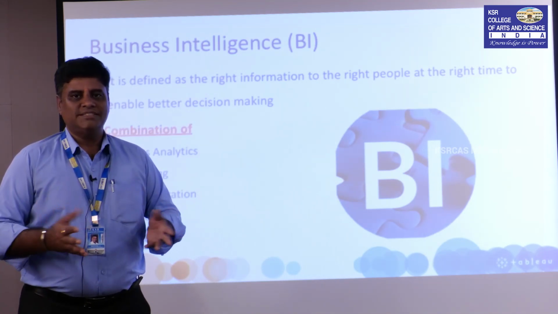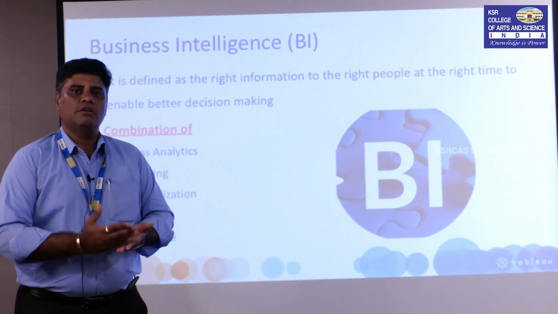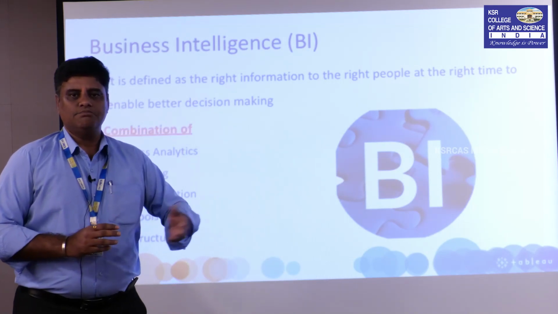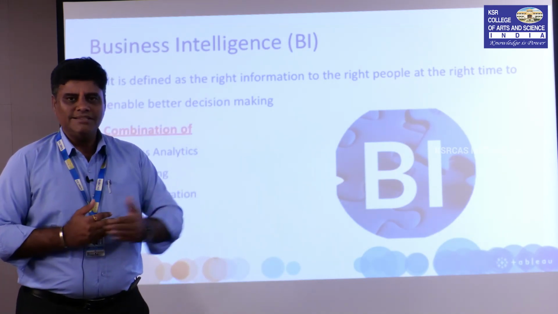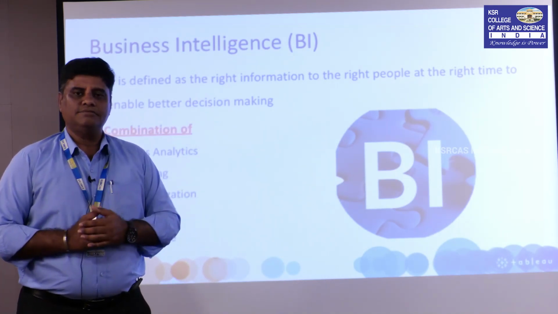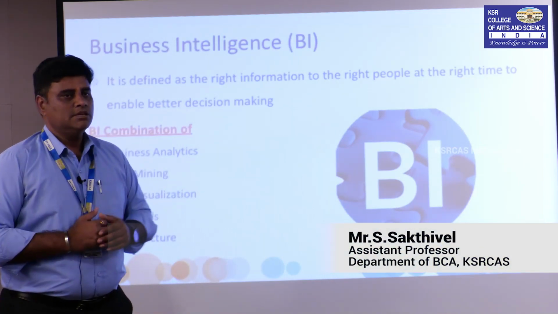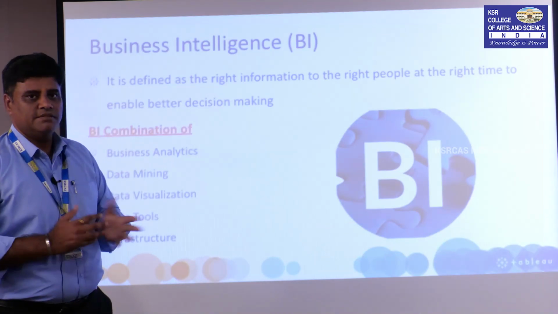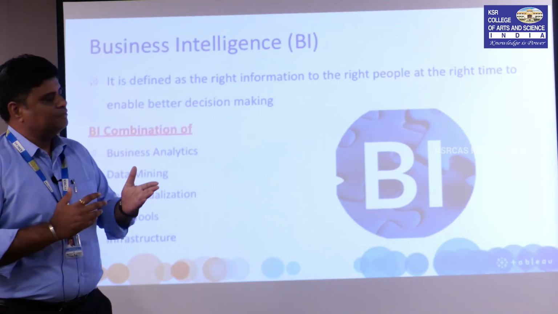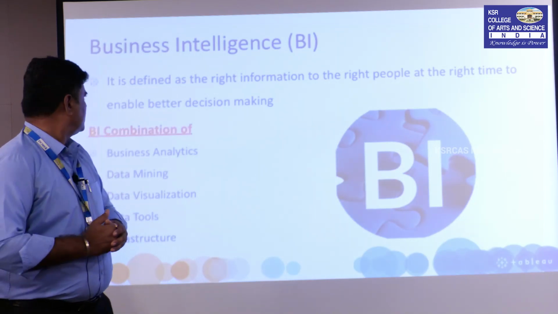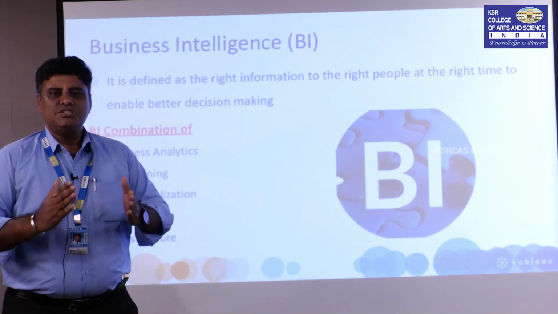So how to decide when people are going to buy, and where? What is the interest of the people? This information is gathered from the collected data. So business intelligence is defined as the right information to the right people at the right time to enable better decision making.